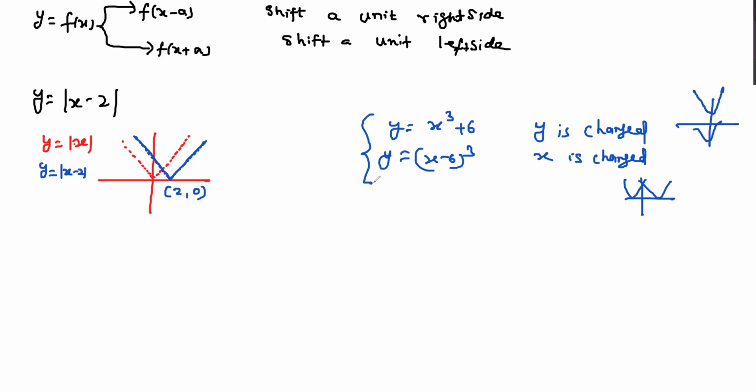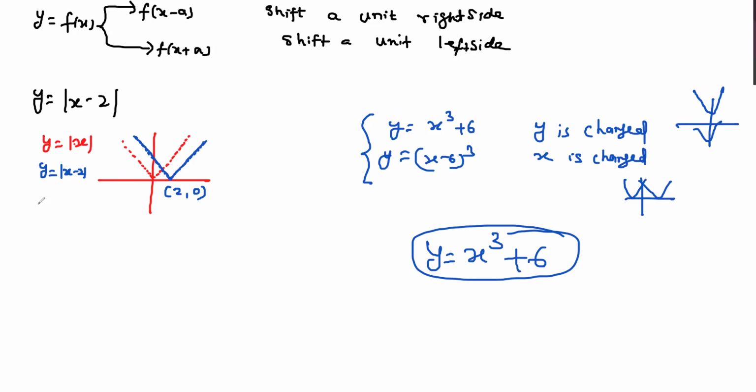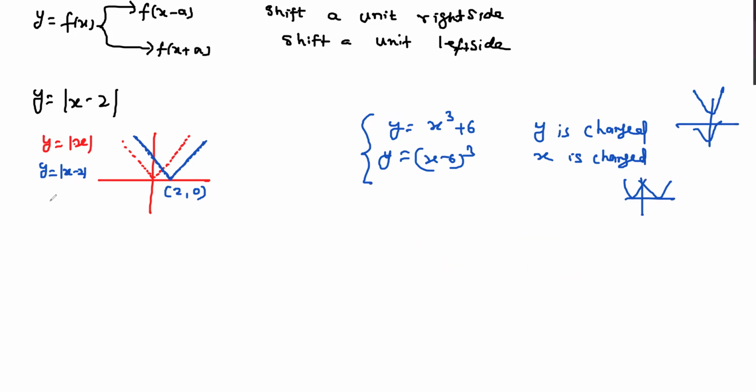Here x is changed with x minus 2. Here the whole y is shifted 6 unit upside. Initially the value of y was x cube. Now you increase the value of y by 6 unit.